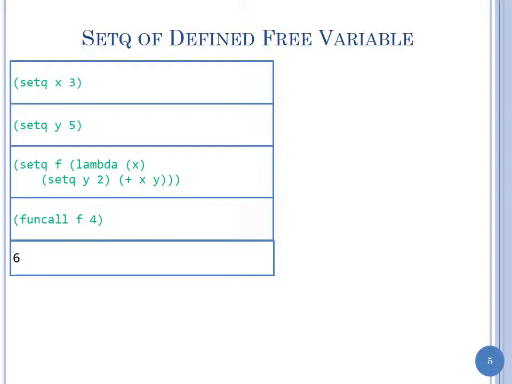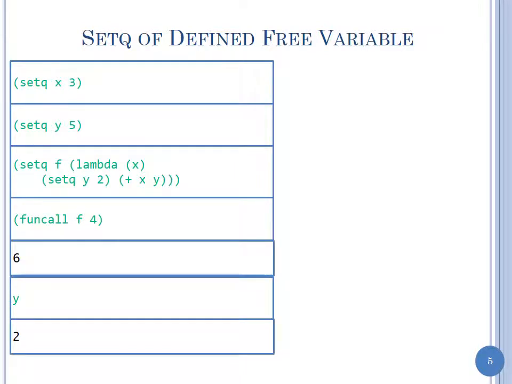It does not depend on setq. It depends on the environment that setq has been passed. And that could be the lexical environment or the calling environment. And that's an orthogonal issue. That is not something to do with setq. The same problem occurs in lookup, and the same problem is occurring in assigning, and so that's what happens. Okay? If I type y, it is now 2, because I changed a global variable.